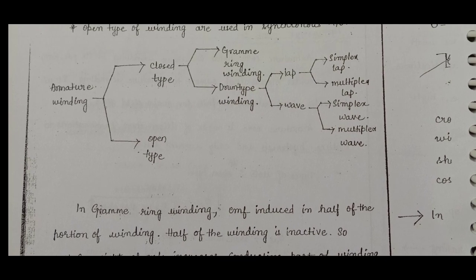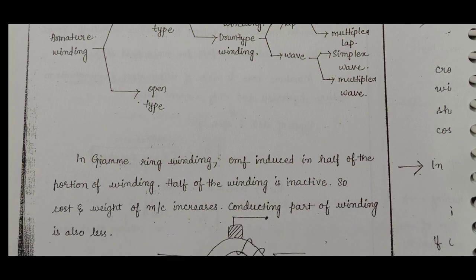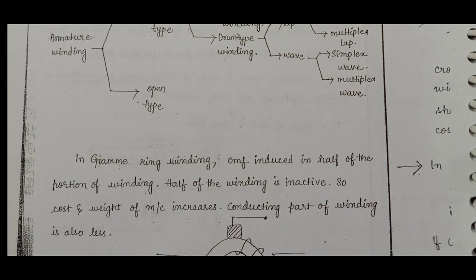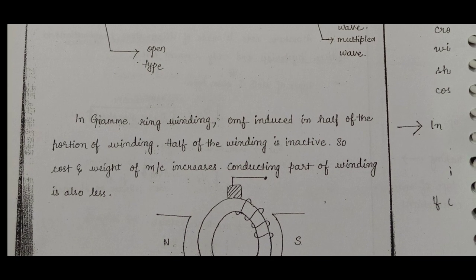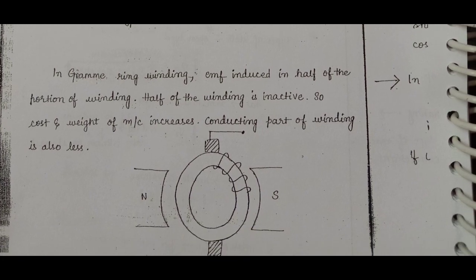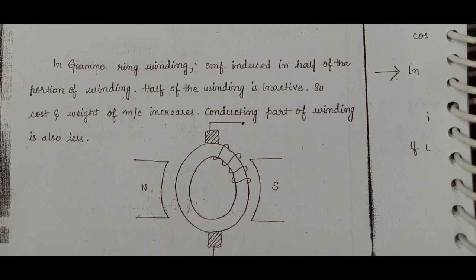In a closed type, the first one is the Gramme ring winding. In a Gramme ring winding, EMF is induced in only half of the winding, and the other half is inactive. So the cost and weight of the machine increase, and the conducting part of the winding is less.